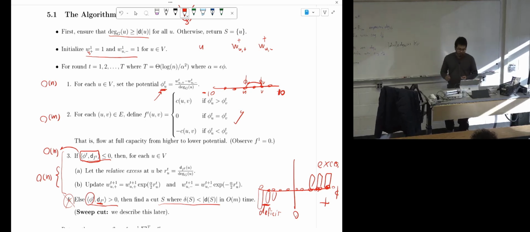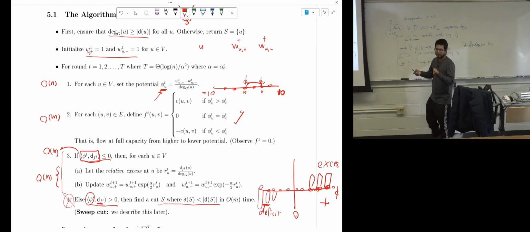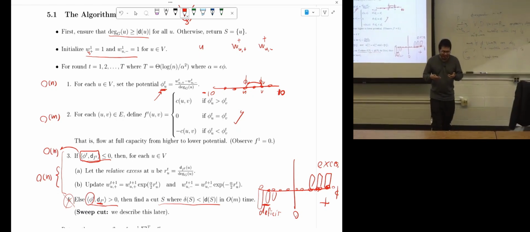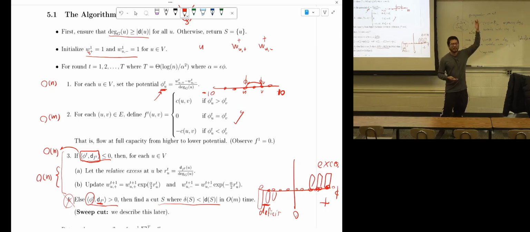Again, we discussed the intuition last time. The potential on each node basically corresponds to the excess up to now. If the excess on average up to now is positive, it has excess, and the potential will be exponentially positive.